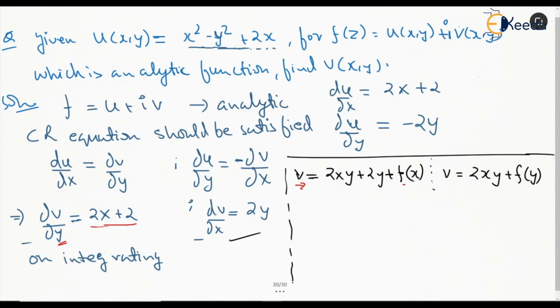Just imagine we have 2xy plus 2y and let's say plus x squared. In case we have plus x squared and we differentiate it with respect to y, for 2xy we will get 2x, for 2y we will get 2, but the function made only of x, like x squared, will have differentiation with respect to y as 0, right?